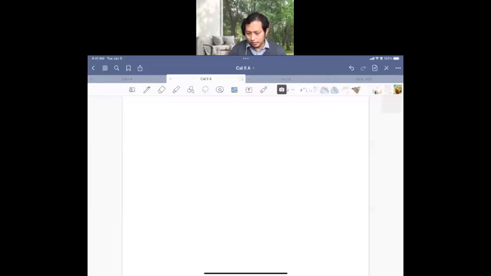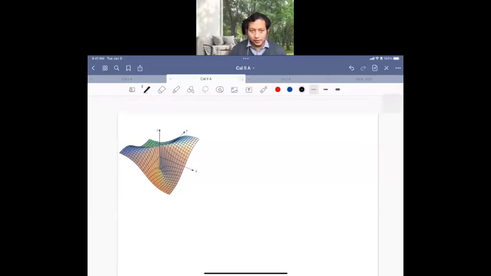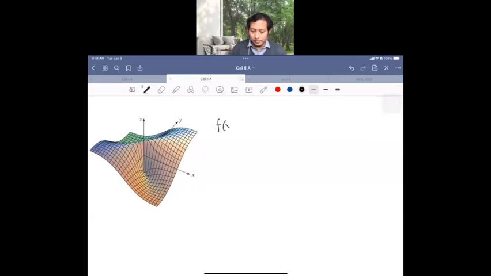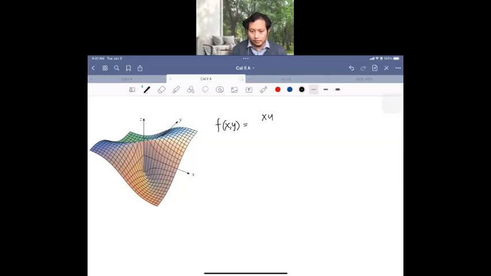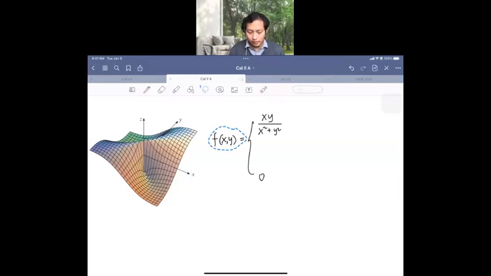First, let me go through here. So this is the graph for, let me write the function. Let's have a piecewise definition for this function of two variables. This is if the point is not at the origin, and this is if the point is at the origin.